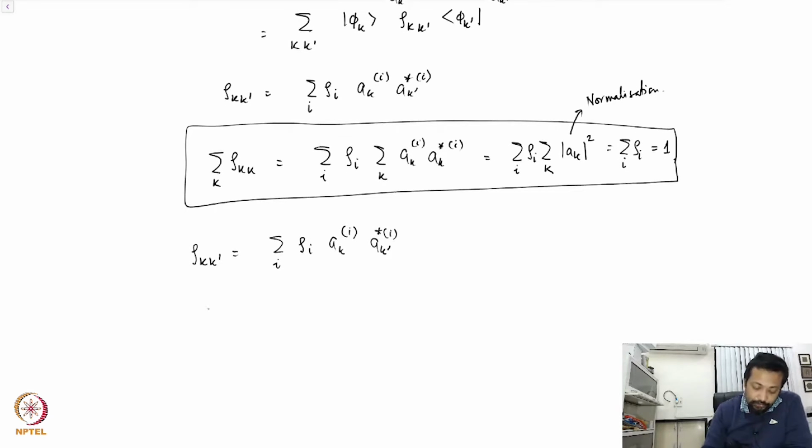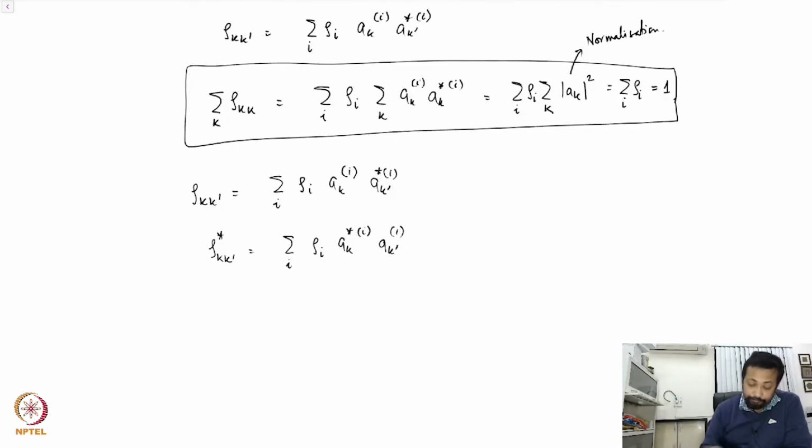So rho of k k prime star then becomes the sum over i of rho i, a k star i, a k prime of i. Then this quantity rho k prime k, essentially the transpose you are looking at, is rho i, a k prime star i, a k i, which is exactly rho k k prime star.